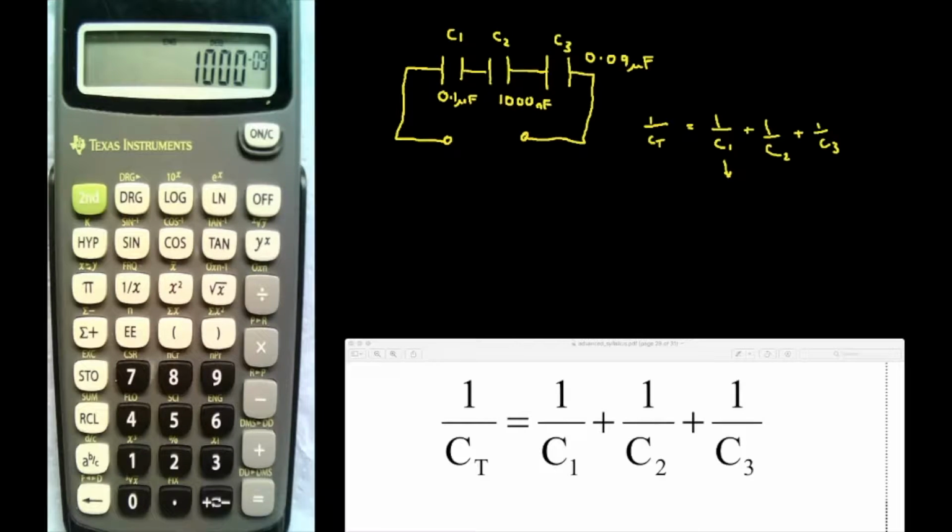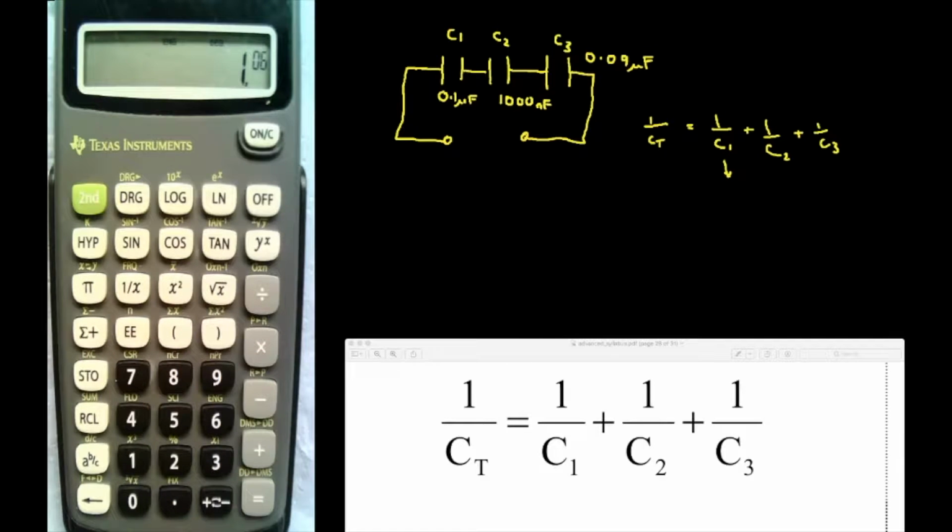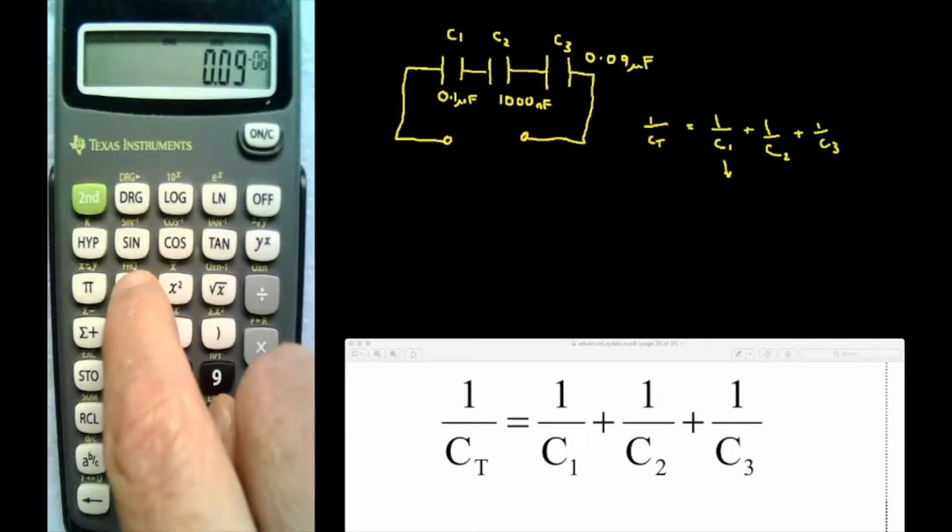Okay, and you can see that I want the reciprocal of that. And then I say plus 0.09 microfarads. Okay, so 0.09 EE 6 minus, and I want the reciprocal of that.